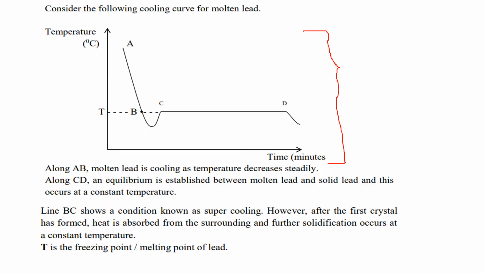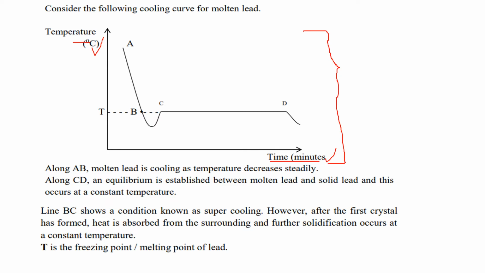I want you to notice that it is for substances in pure form that we have this kind of trough. If you have a mixture, this kind of trough cannot happen. So how are we going to explain this graph? This graph is temperature against time. Temperature is measured in degrees Celsius and time is measured in minutes.